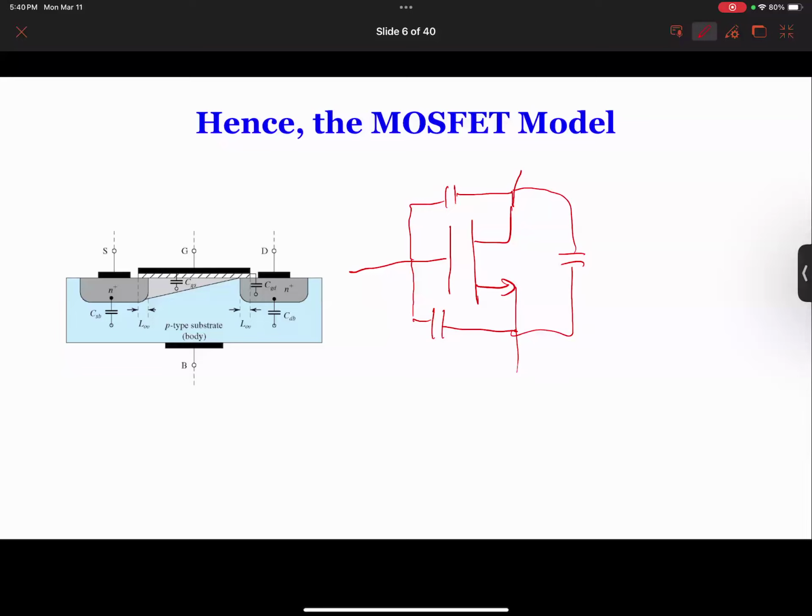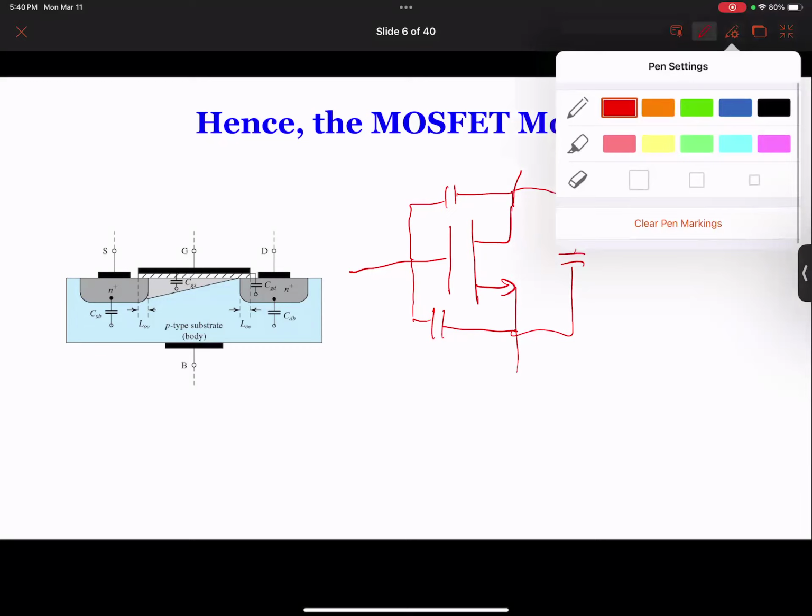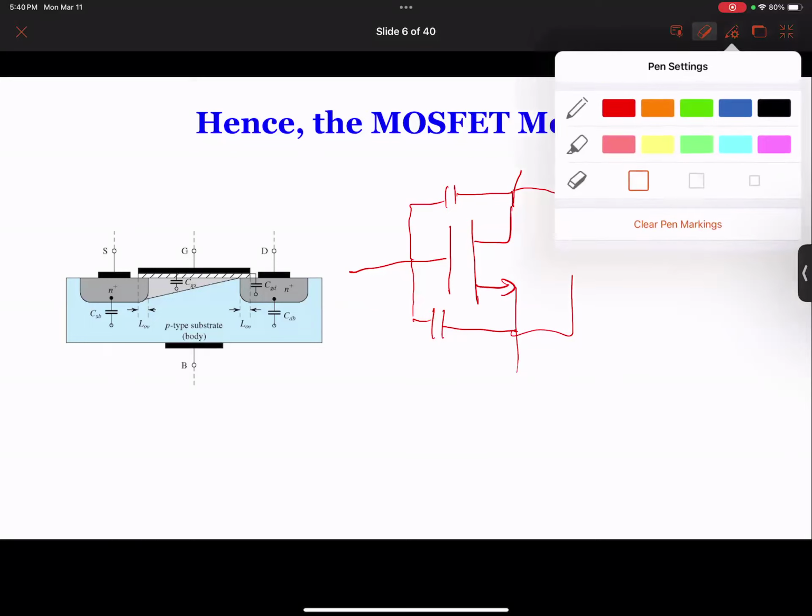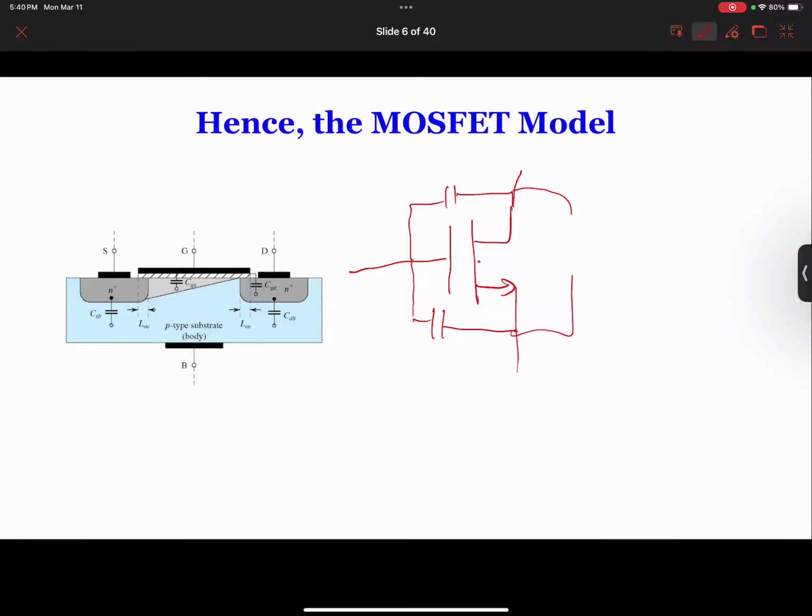So how do you connect the body? In your book, in chapter 5, the connection is like this. The body is connected outside like this.